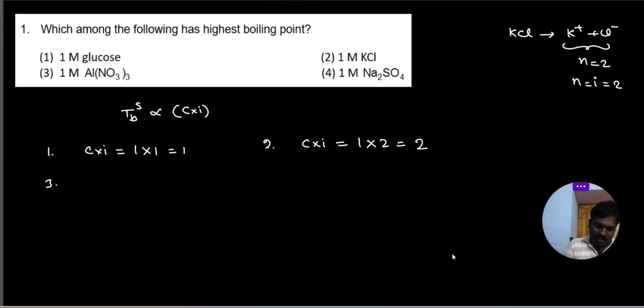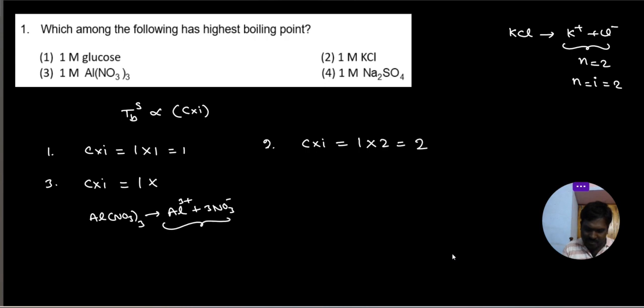Coming to the third one. Concentration into van't Hoff factor: 1 molar into aluminum nitrate. How does aluminum nitrate dissociate? Al(NO3)3 gives Al3 plus and 3 NO3 minus. How many ions? 4. n equals i equals 4. So 1 into 4 is equal to 4.